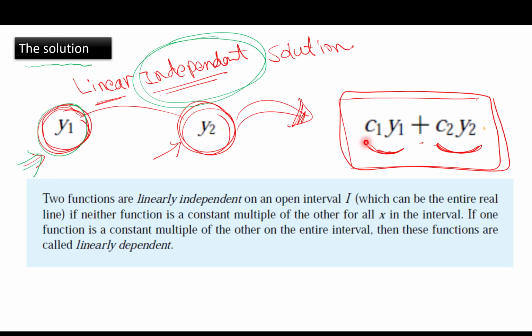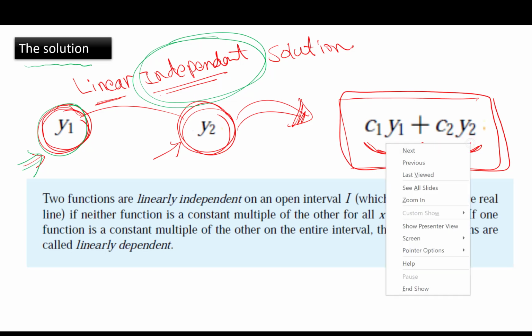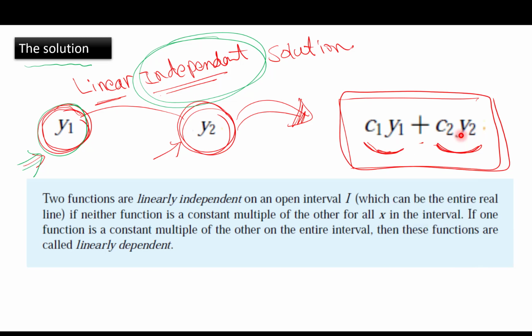Then the general solution of our homogeneous differential equation is going to be a constant c1 times the first independent solution plus another constant c2 times the second independent solution. Okay, so this is simply the strategy of the solution for the homogeneous equation.